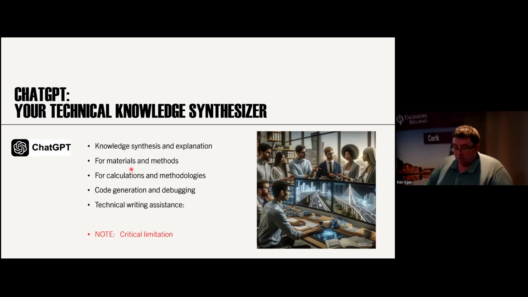Basically, ChatGPT's knowledge has a cutoff date, and it's currently at 2024. Now, I don't know when in 2024, but for most versions, that's at 2024. So always check that your standards or your codes or regulations are up to the latest, right? That was something that I got caught with.